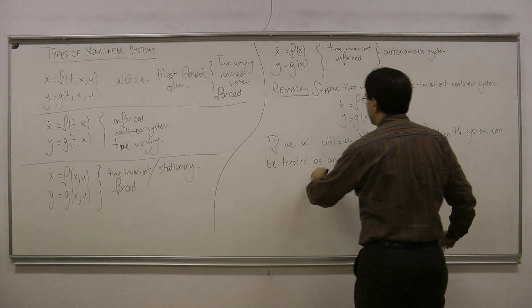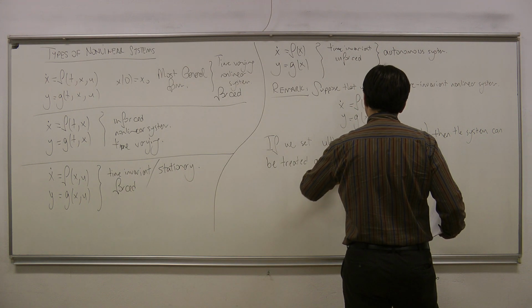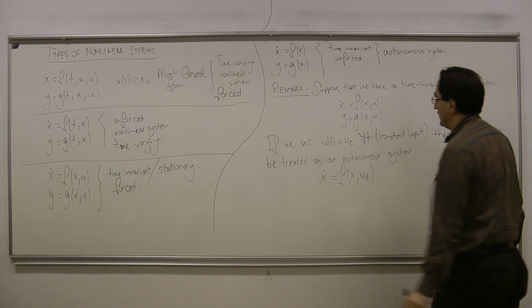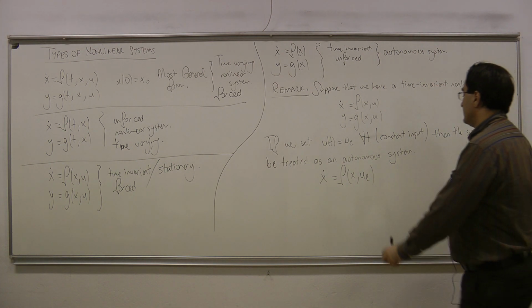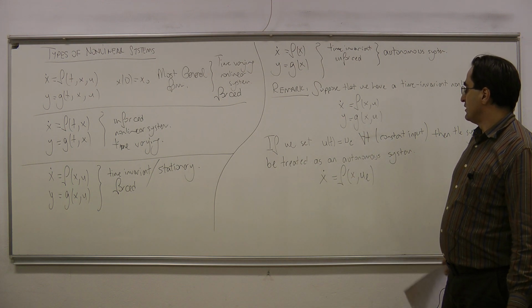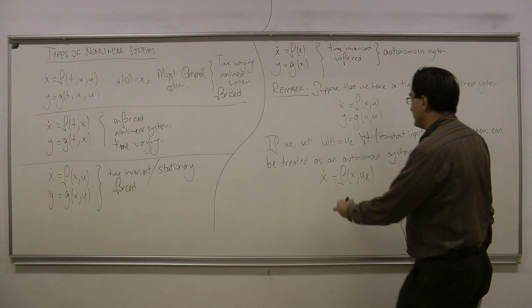Why is that? Because x dot is equal to f of x. Instead of u, if I substitute a constant, u_e, then this only becomes a function of x. This function now becomes only a function of x.